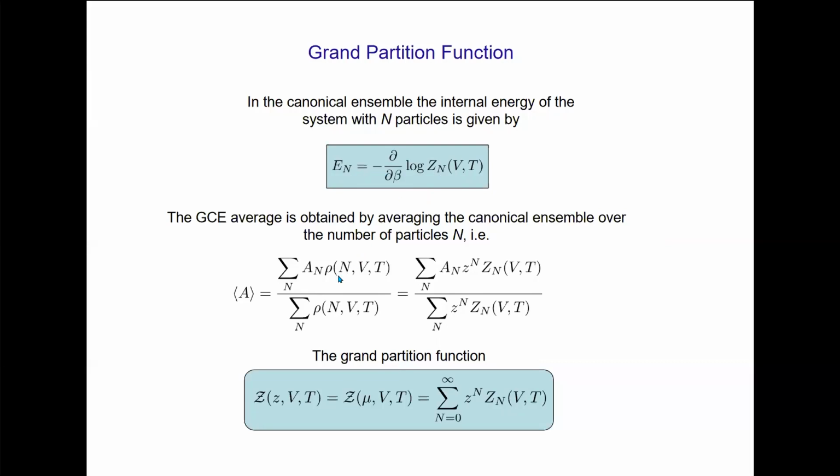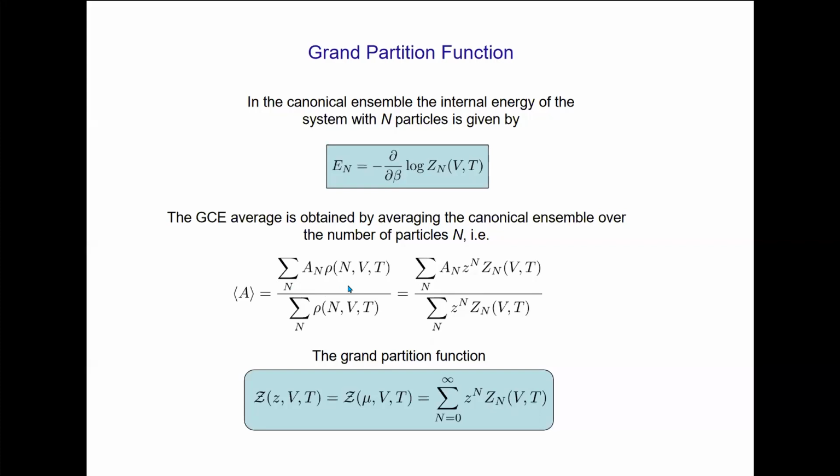We have these relative probabilities ρ of finding the system to have n particles. And so we calculate the average value of any quantity by averaging with these relative probabilities ρ over all numbers of particles.